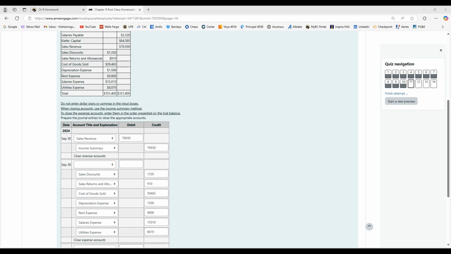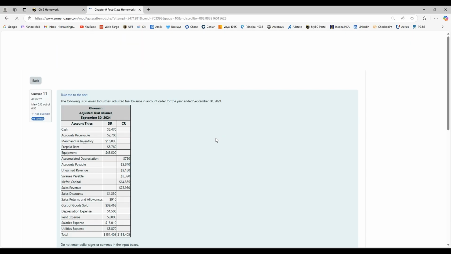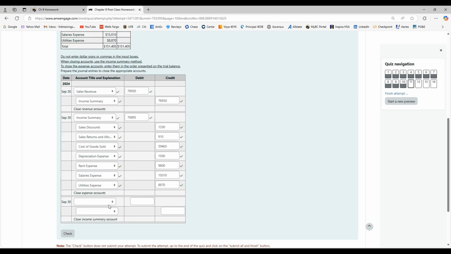And when we add all those together, which I can do in my Excel I have off to the side, we get 76,885. And that's all going to go again to our income summary. Let me check my math. Okay, that's looking good. And then we can tell that we have a credit to the income summary of 78,930 and a debit of 76,885.